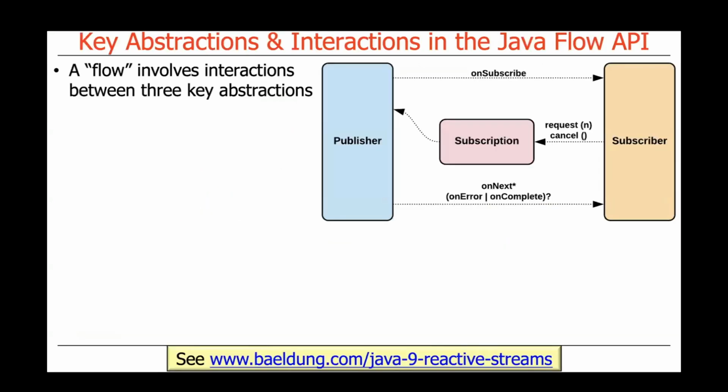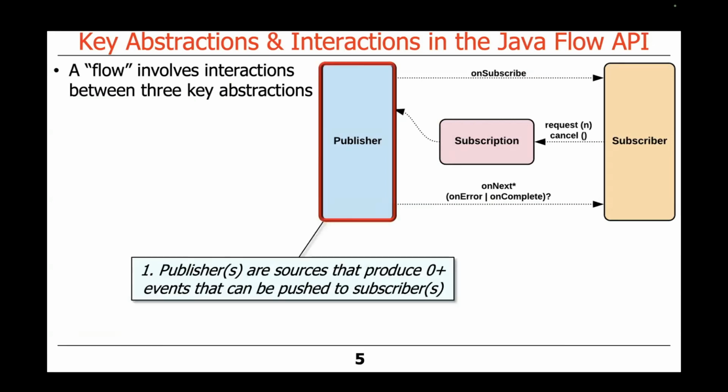So a flow in the Flow API involves interactions between 3 key abstractions: the publisher, the subscriber, and a subscription. As we've discussed before, publishers are event sources that can produce 0 or more events that can be pushed to subscribers.